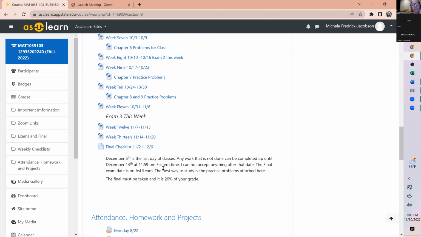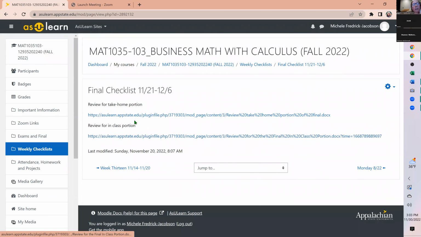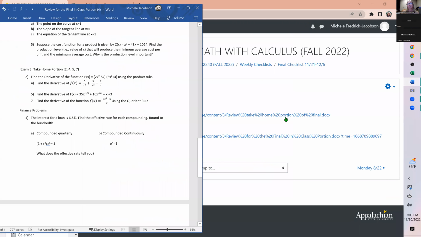The outlines that I've been doing, this one was the take home I did the Friday and Monday before break. We did these problems. And then these are the ones we've been working on. And we are on, so let me open this first.